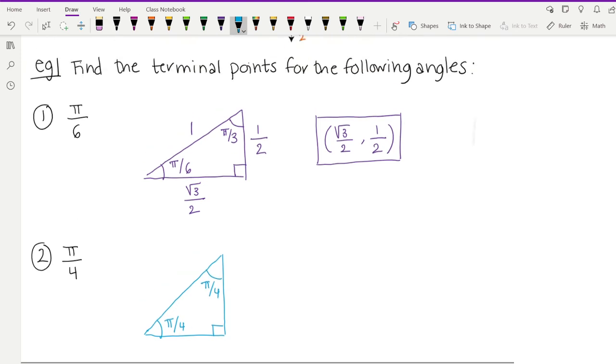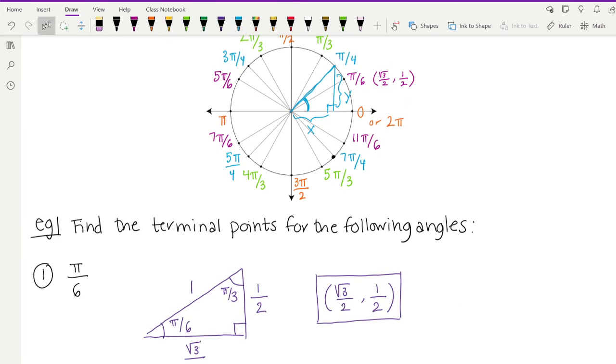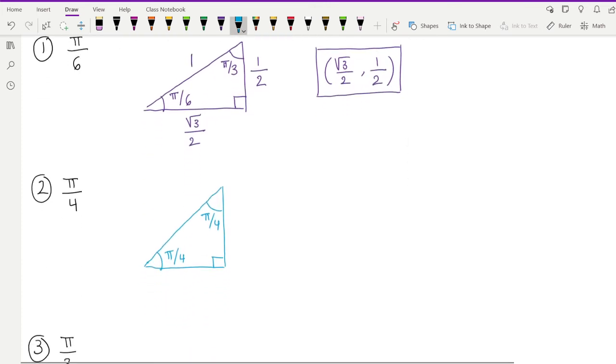Just like in the last example, and this is always going to be the case when we do these, the hypotenuse is going to be 1 because it is the same as the radius of the unit circle. And if the hypotenuse is 1, we learned on the previous page that these other two sides have to be square root of 2 over 2.